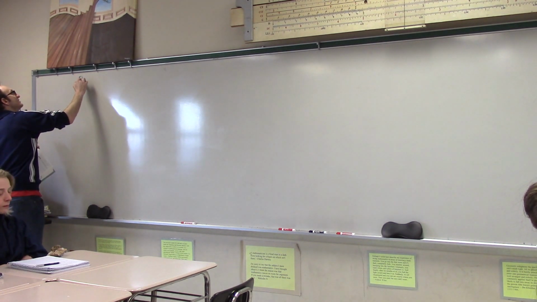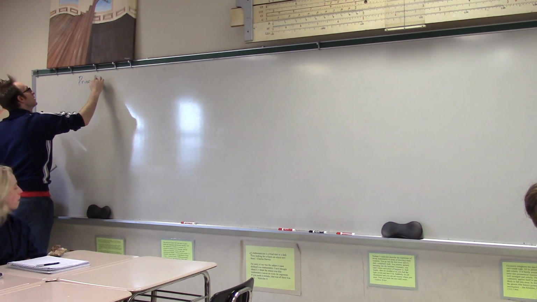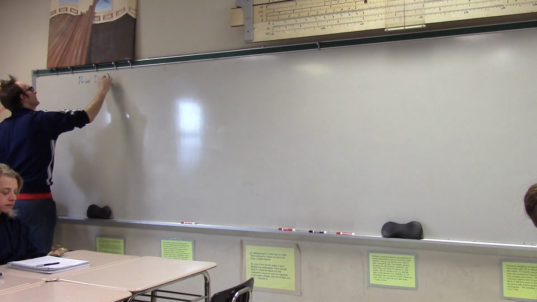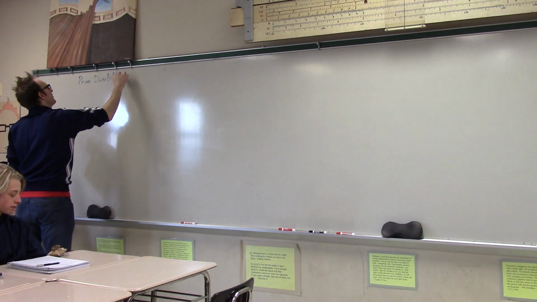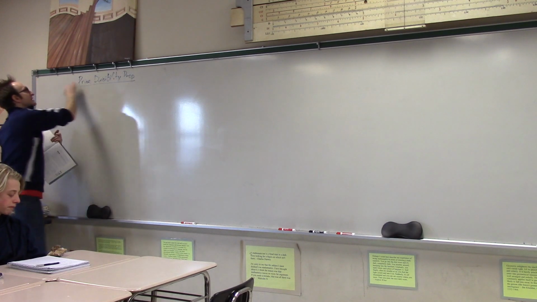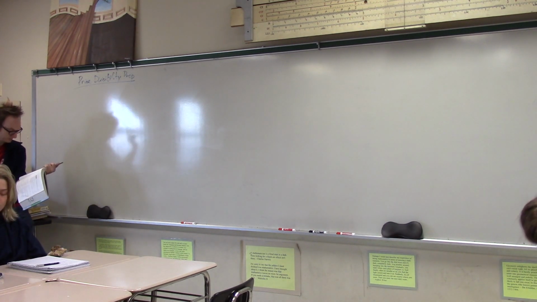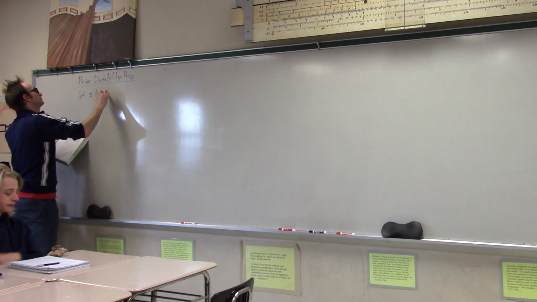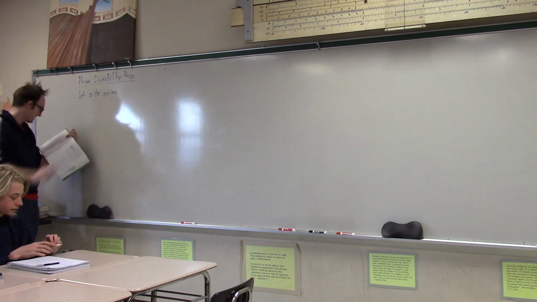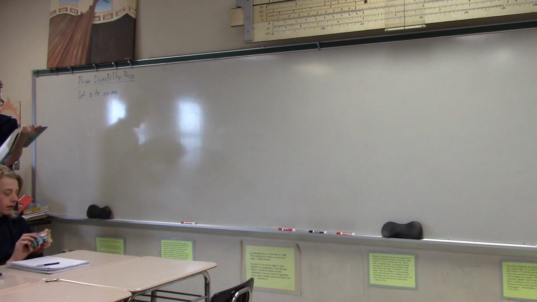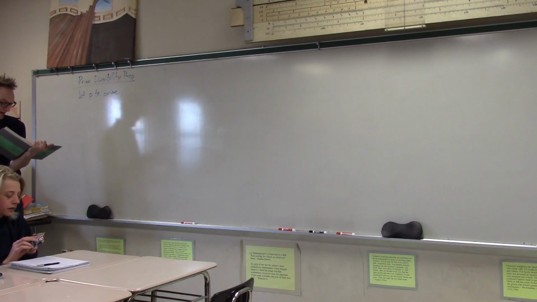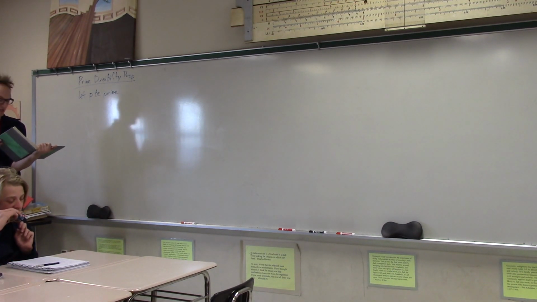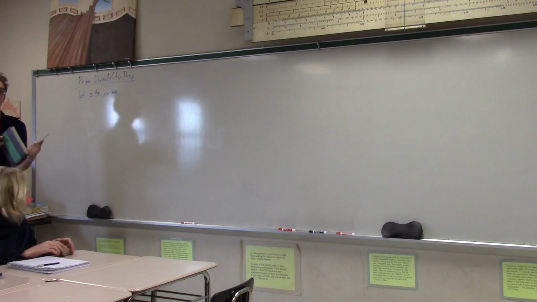So the prime divisibility property says, let P be prime. It says, if P divides a product of a bunch of numbers, then it divides at least one of them.